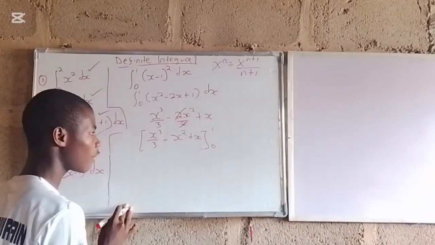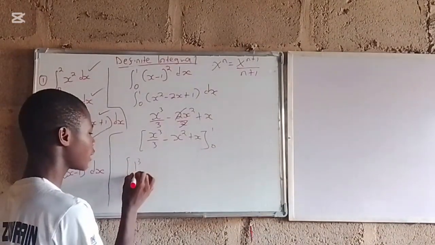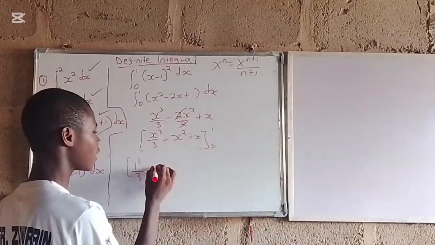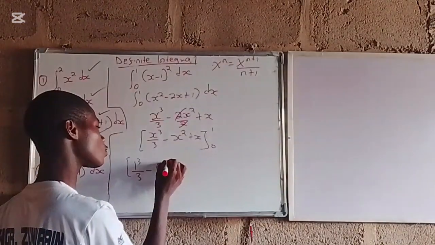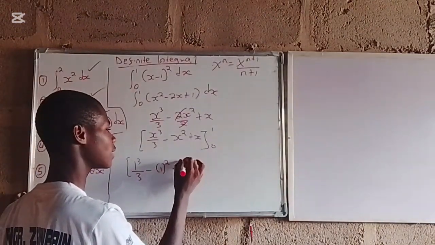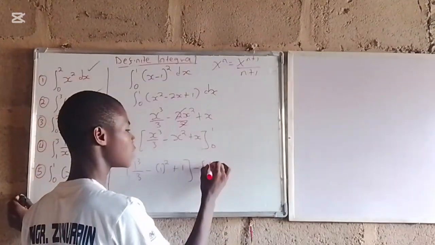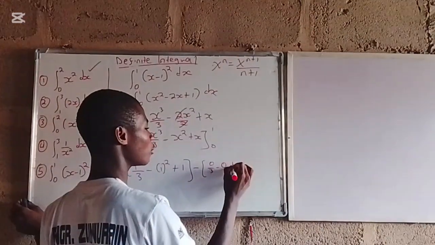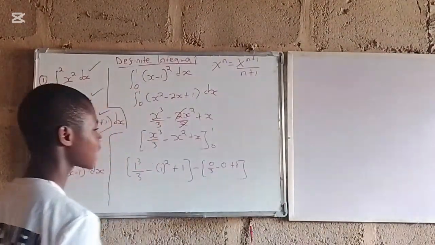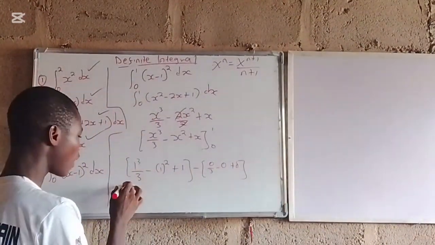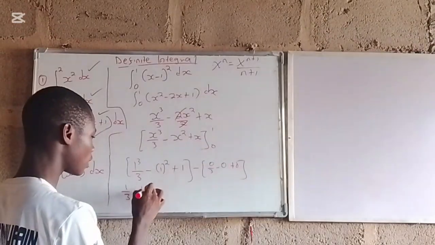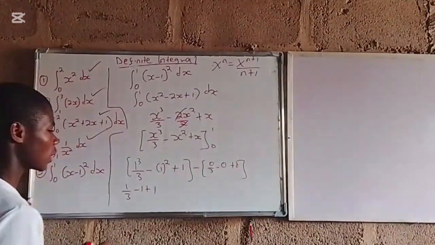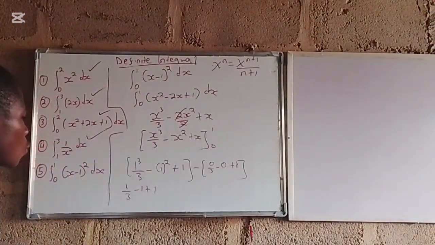Insert this one as the upper limit. I'll have 1 to the 3 over 3 minus 1 squared plus 1, minus the lower limit, 0 over 3 minus 0 plus 0. So automatically this is 0. So I'll have 1 over 3 minus 1 plus 1.